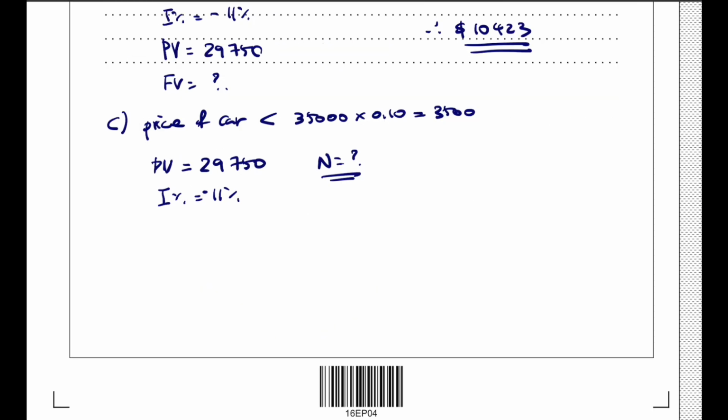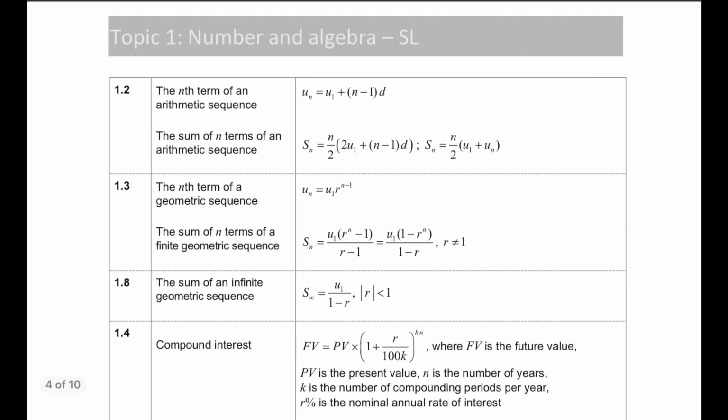Once you reach this point, you can solve this question using the TVM solver like question B, or you can use the compound interest formula. You can find the compound interest formula in your formula booklet, in topic 1 on page 2, in section 1.4, and this is the formula that we're going to use.